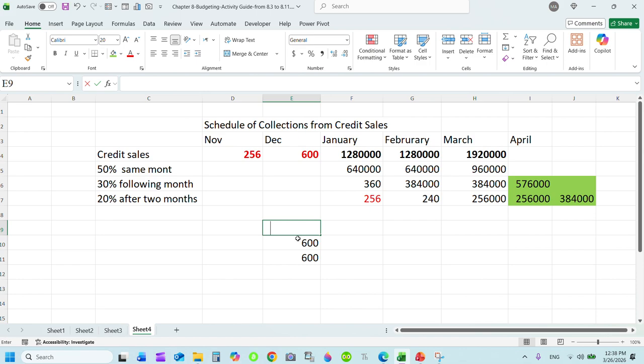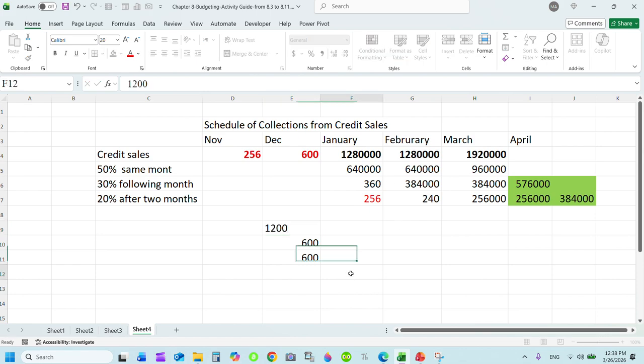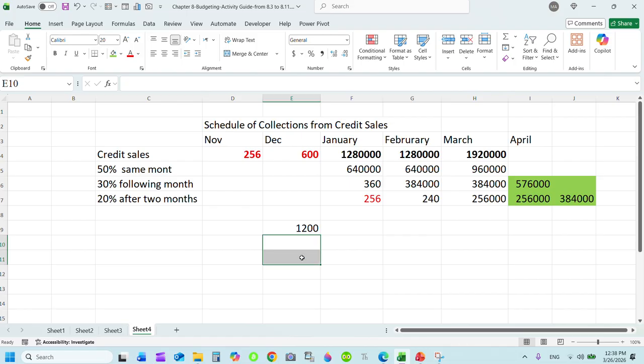Total, let me just put it like this. Total sales, if you are weak in mathematics, right? Total sales for the December month should be 1,200. 50% is collected in the same month, in December, right? It is not relevant for us. Making 50% we must have collected.